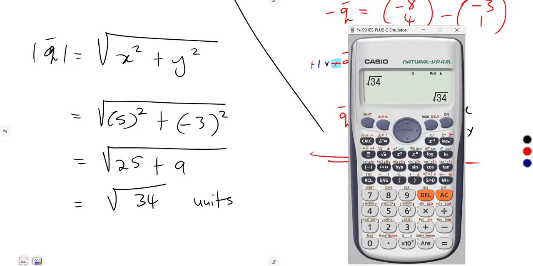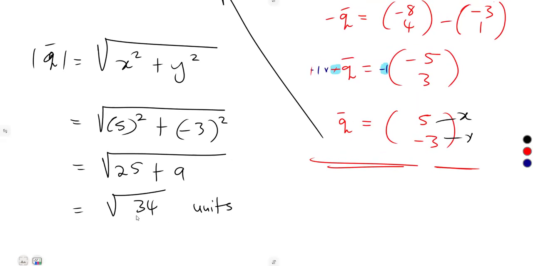Like this calculator, let's say I've got something like the square root of 200. It can rewrite this in simplest form, 10 square root of 2. So it is best for you to have such a calculator for your revisions. Yes, we can use the surd form concept. Remember from our surds, we have to look for the perfect squares in that 34.